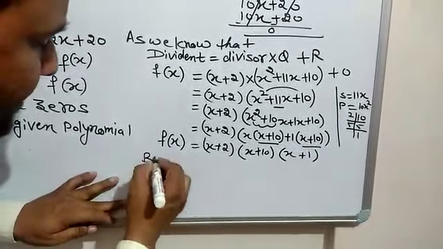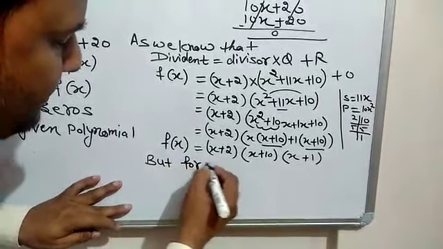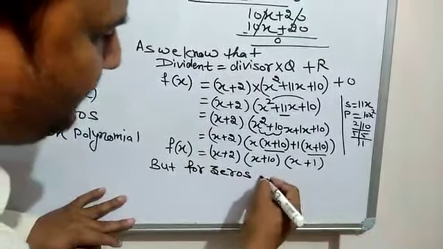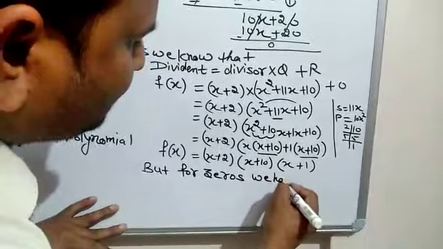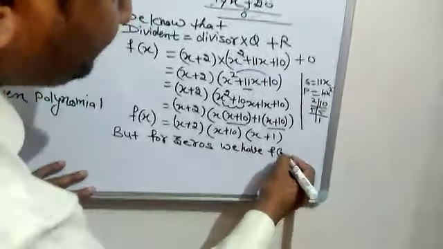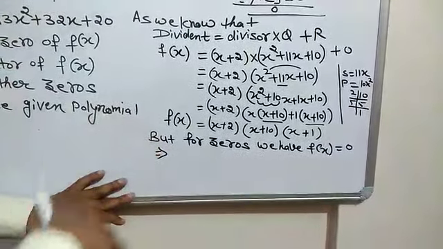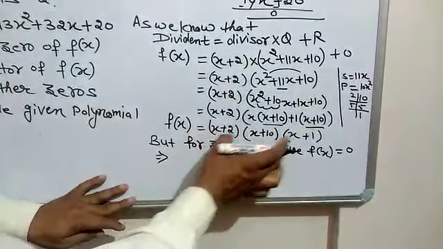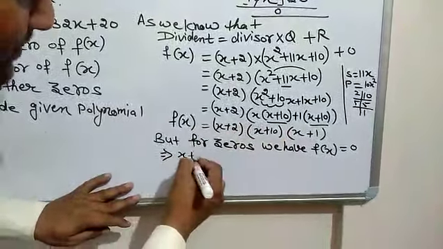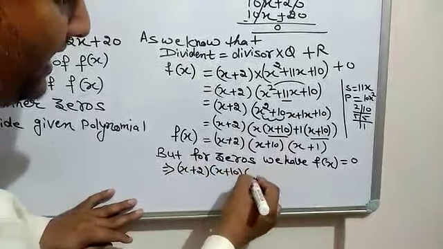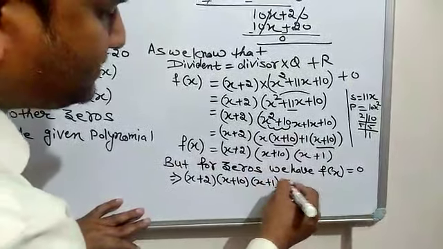But we are interested in zeros, so we take f of x equal to 0. So f of x, that is our polynomial, on factorization gives x plus 2 into x plus 10 into x plus 1 is equal to 0.